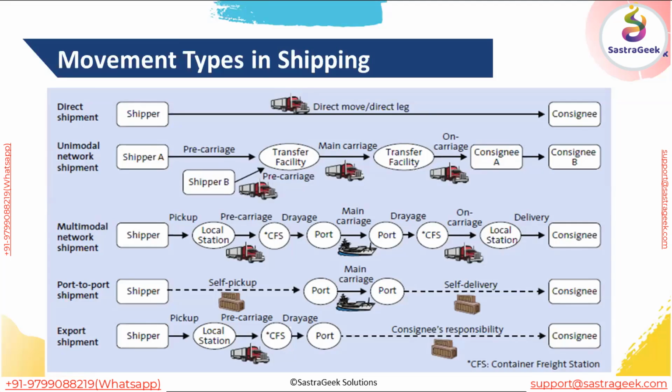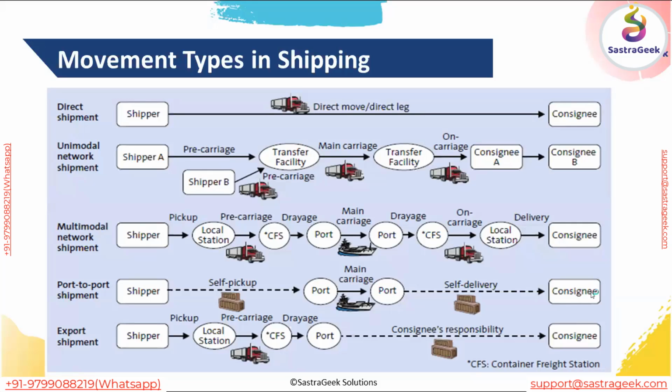Generally, there are very few port to port scenarios that I have seen in my experience, but businesses have used port to port for their own convenience. In one of my previous experiences, the port to port movement type was used, but the concern was from the port of loading till the consignee.